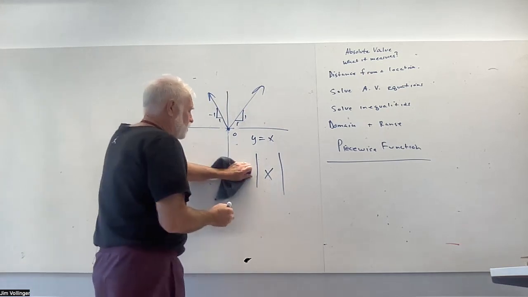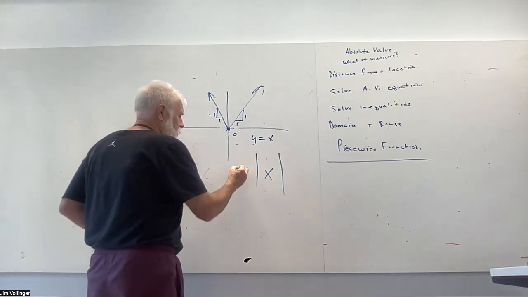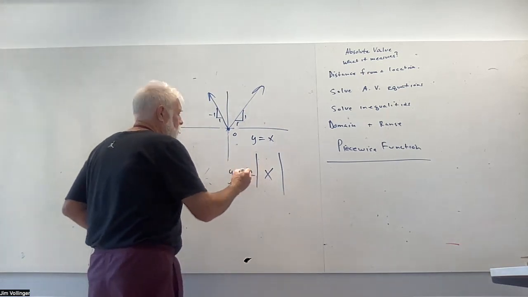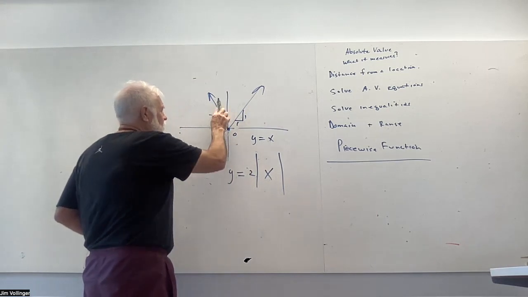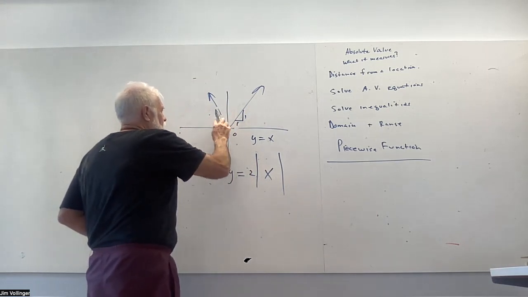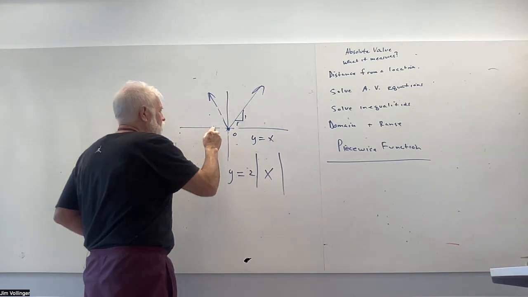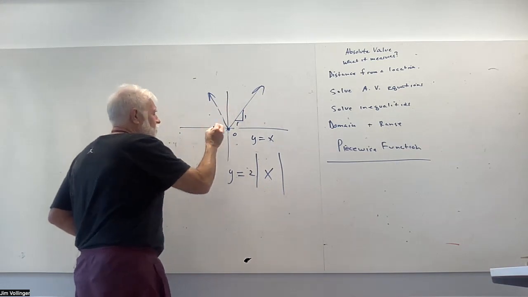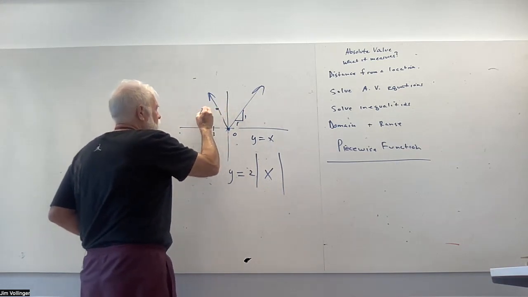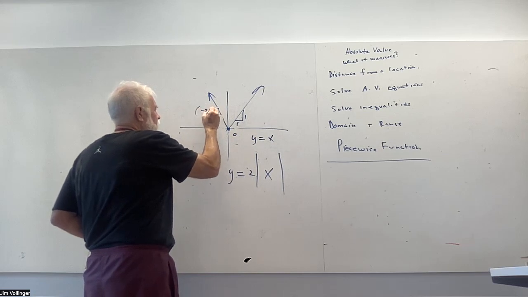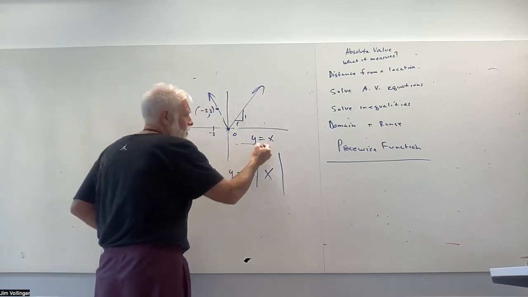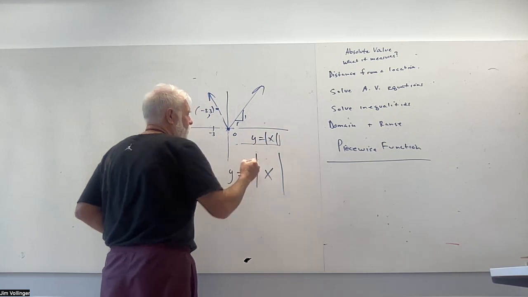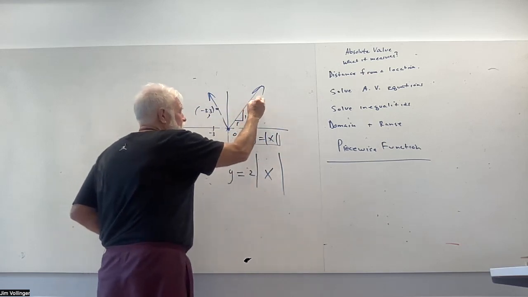Now, if I put a 2 in front of this, then whatever this distance is, let's say we have negative 3, not a very good one-to-one scale here, but the absolute value of negative 3 is 3. That's what would happen if we slapped an absolute value on y equals x.